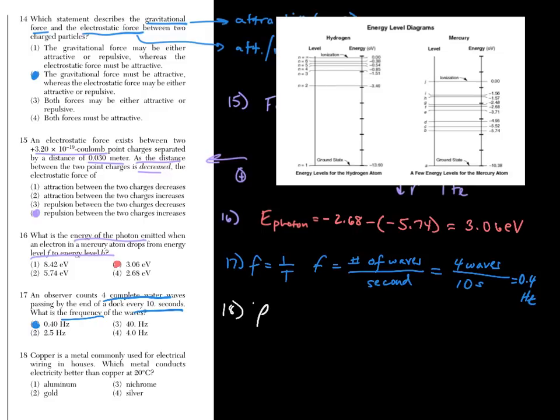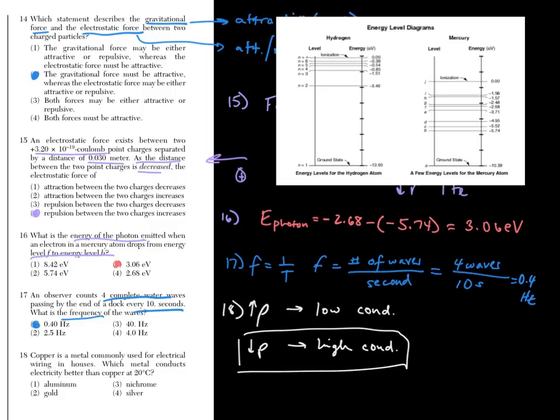So the higher the resistivity, that leads into low conductivity. Whereas lower resistivity values lead to high conductivity. So we're looking for something that's higher conductivity, so it has to have a lower resistivity than copper.